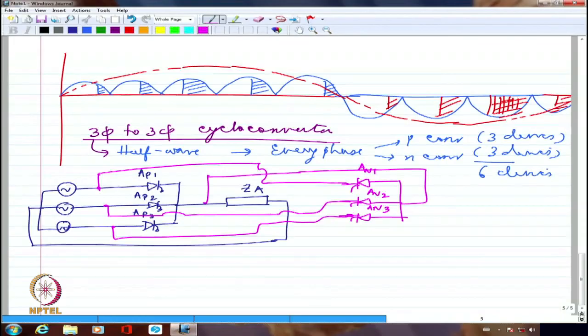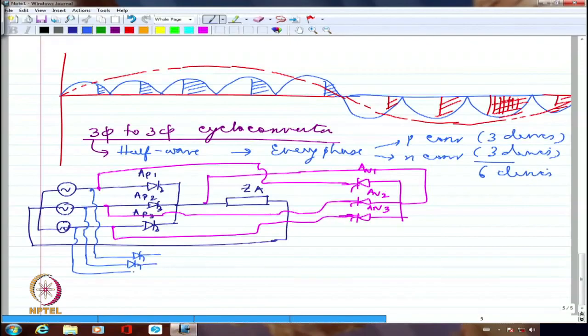Now from the same 3 terminals I have to do this for B phase. Then I have to do this for C phase. So I have to have 3 more devices, for example, connected from here. So 1 phase, 2nd phase and 3rd phase.